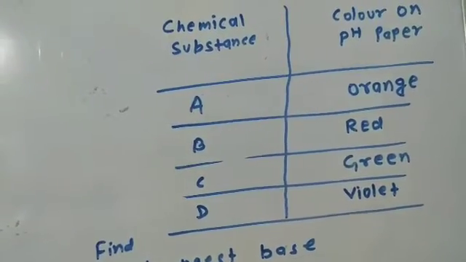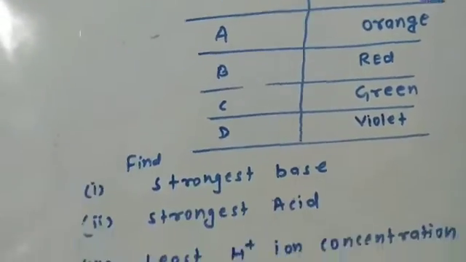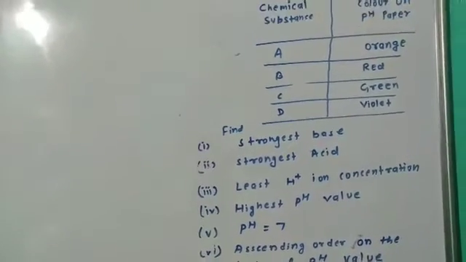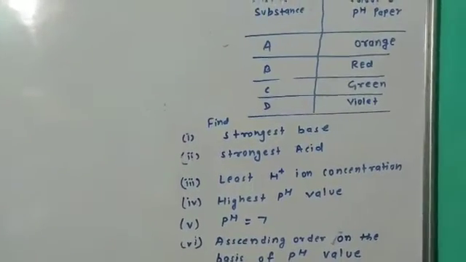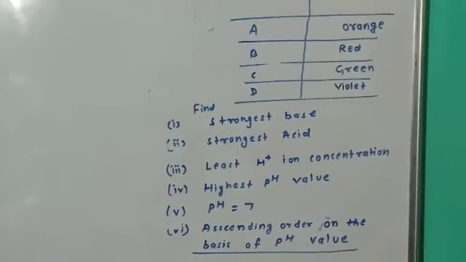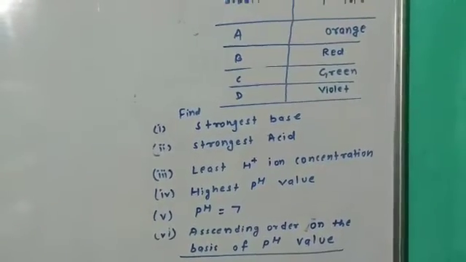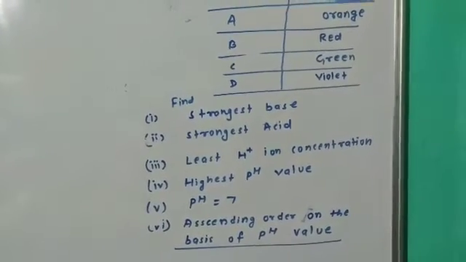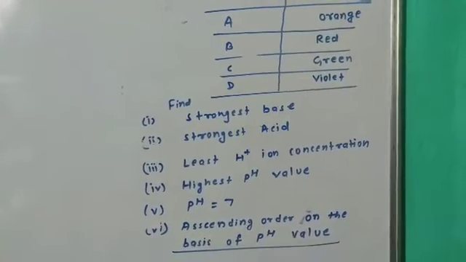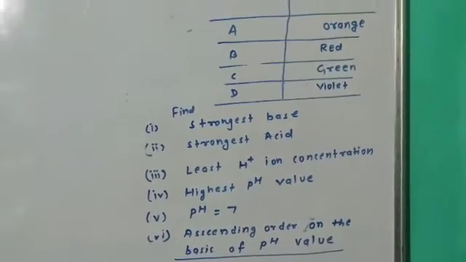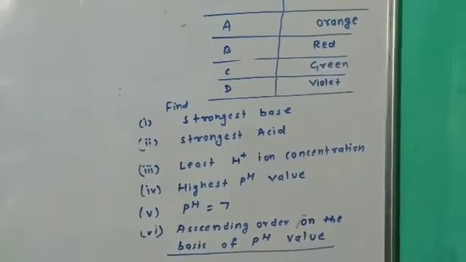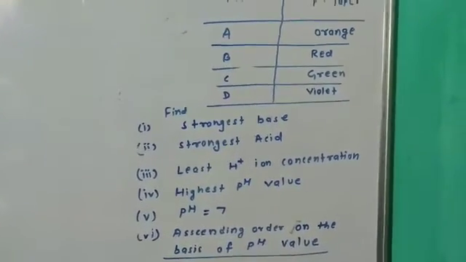On the basis of this information, we have to find the strongest base, the strongest acid, the substance which contains the least H plus ion concentration, the substance which has the highest pH value, the substance with pH equal to 7, and the ascending order on the basis of pH values.